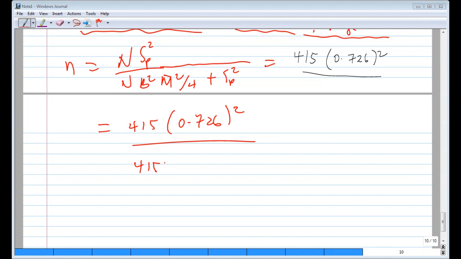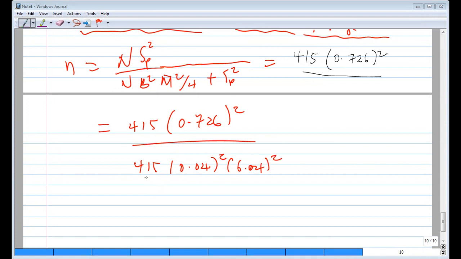Bound is what? 0.04. 0.04, then you square it. You multiply it by what? Or square it and then you divide. Or you multiply by B, which is what? 0.04.